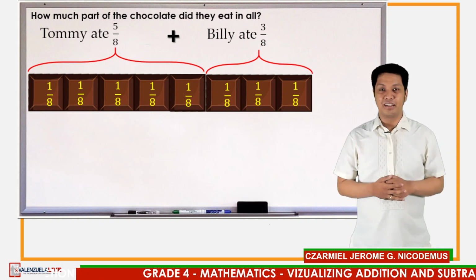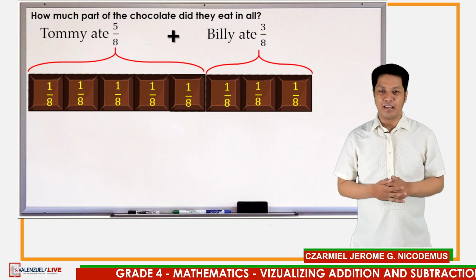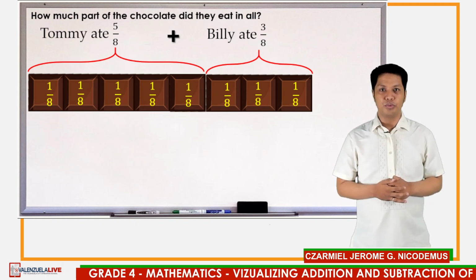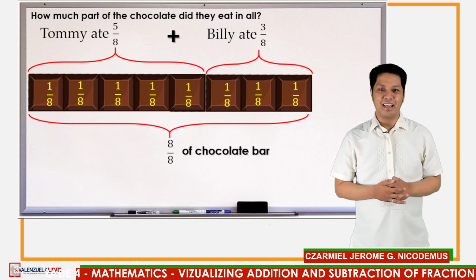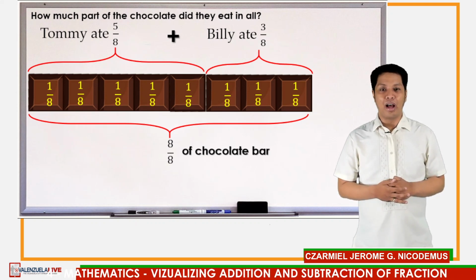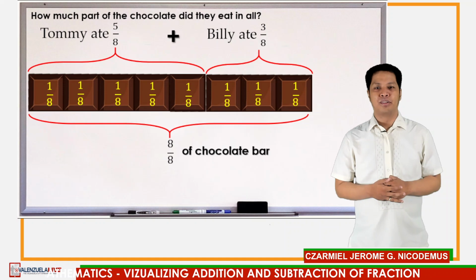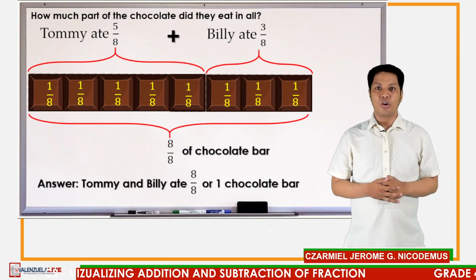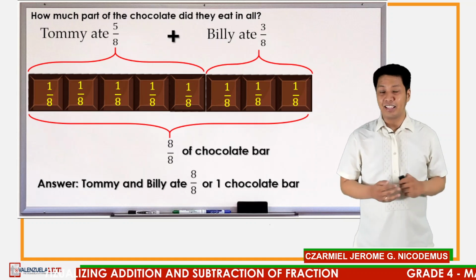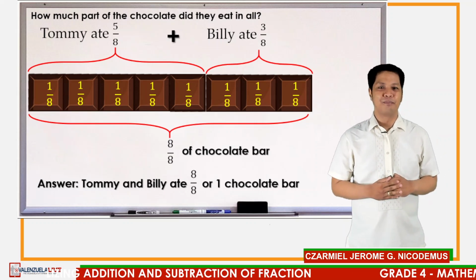As you can see, 5/8 plus 3/8 is equal to 8/8 of the chocolate bar. 8/8 is equal to 1 whole chocolate bar. So, the answer is Tommy and Billy ate 8/8 or 1 chocolate bar.